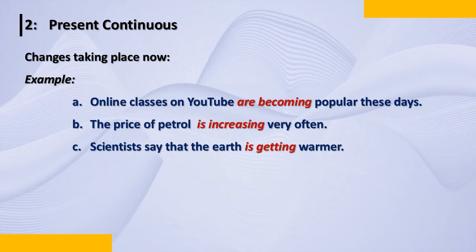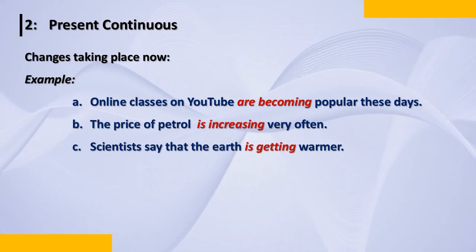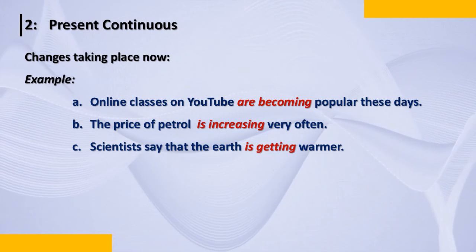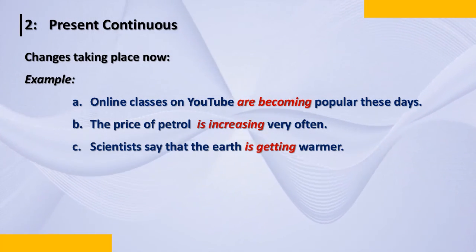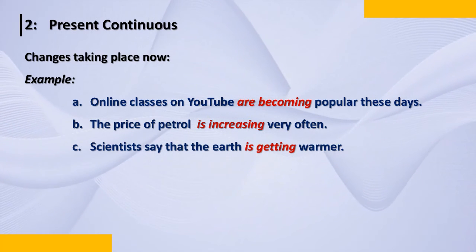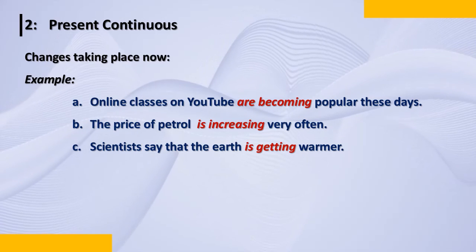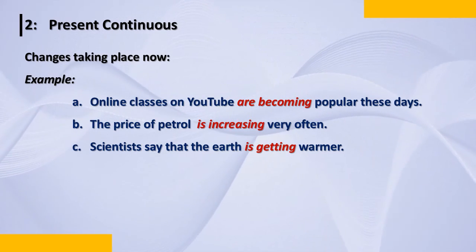Changes taking place now in the environment or in the society. There are a lot of things which are happening and which keep changing very often. For example, online classes on YouTube are becoming popular these days. Online teaching is becoming popular.